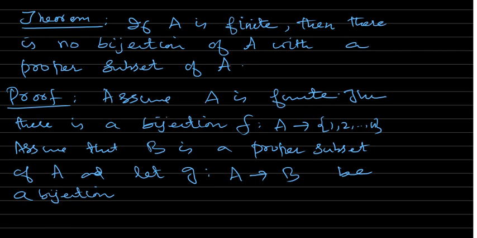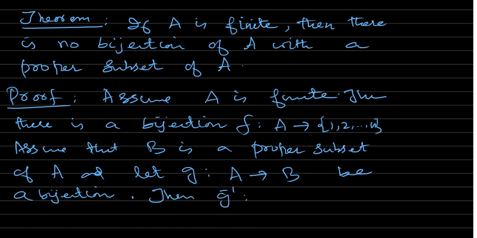Okay, so if this is a bijection, then अब आपके पास दो बाइजेक्शंस है. वन इज फ्रॉम दिस f from A to first n natural numbers, second is g which is from A to B. Okay, since g is bijection, so then g inverse is also bijection. You know that inverse of bijection is bijection.